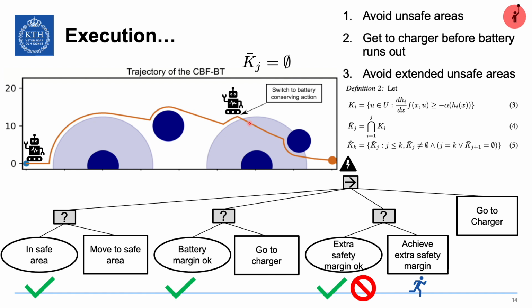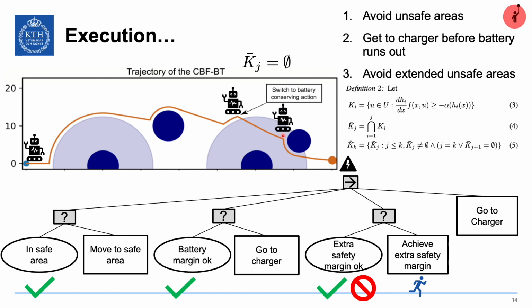But that doesn't mean we're going to go out here, because extra safety margin now has to guarantee these two. Since we're actually at the limit of the battery margin being okay, we're going to continue going towards the charger, even though we would like to move out here. The control set that we're allowed to pick from is going to force us to go this way.